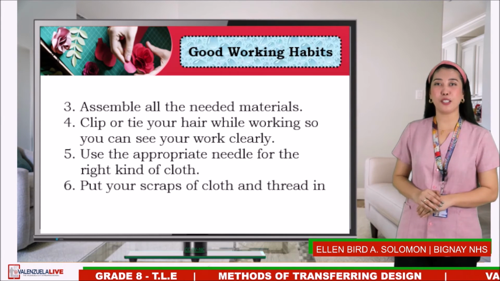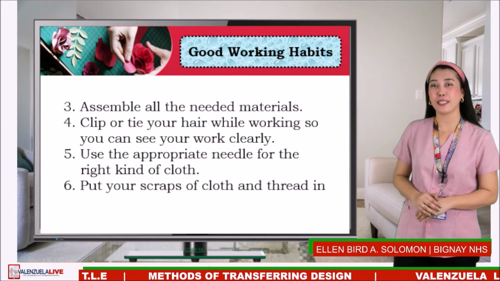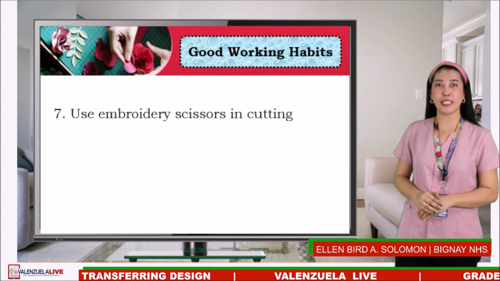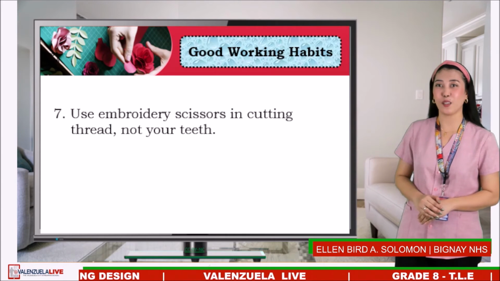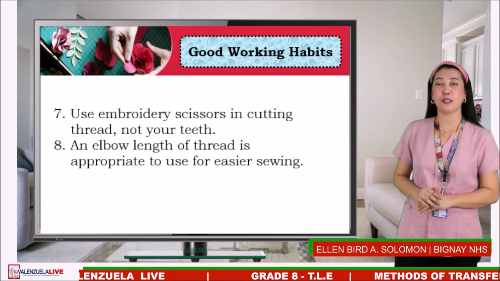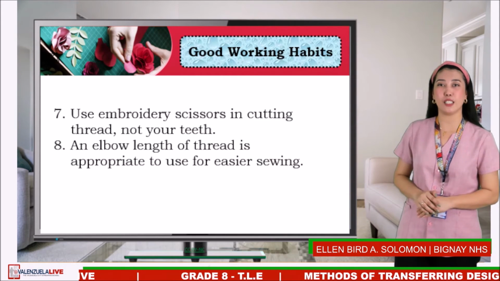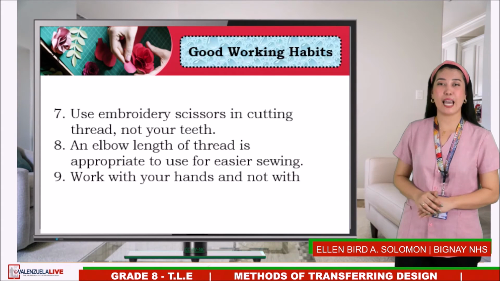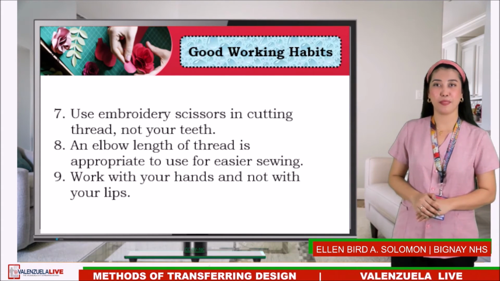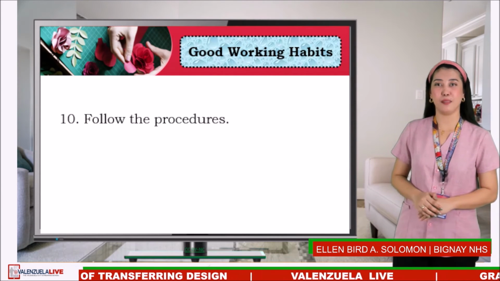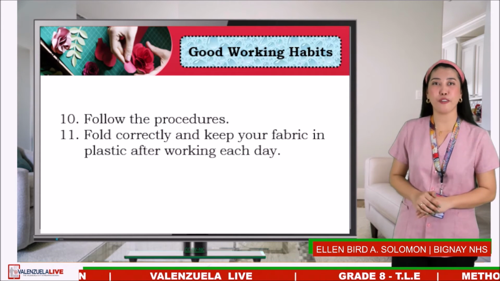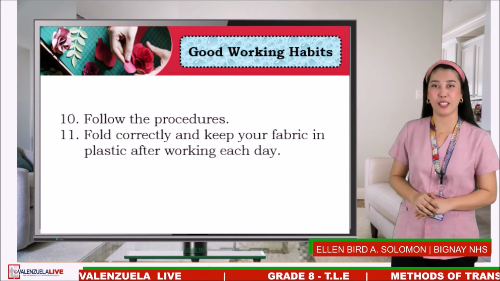6, put your scraps of cloth and thread in a plastic bag. 7, use embroidery scissors in cutting thread, not your teeth. 8, an elbow length of thread is appropriate to use for easier sewing. 9, work with your hands and not with your lips. 10, follow the procedure. 11, fold correctly and keep your fabric in plastic after working each day.